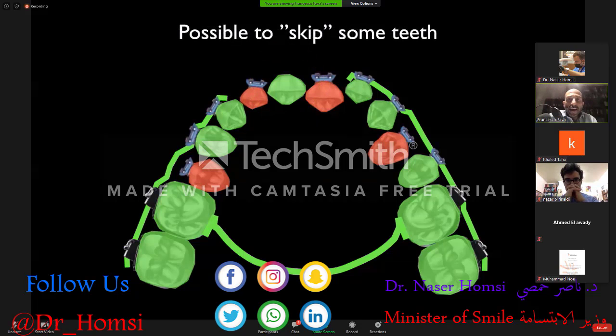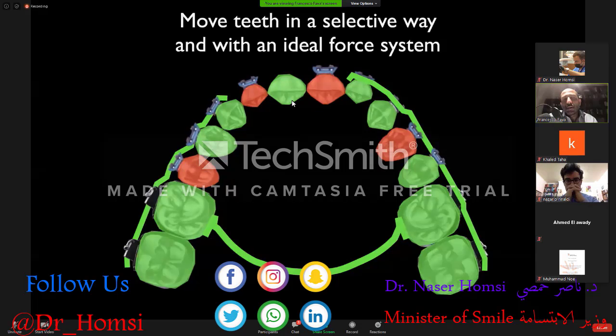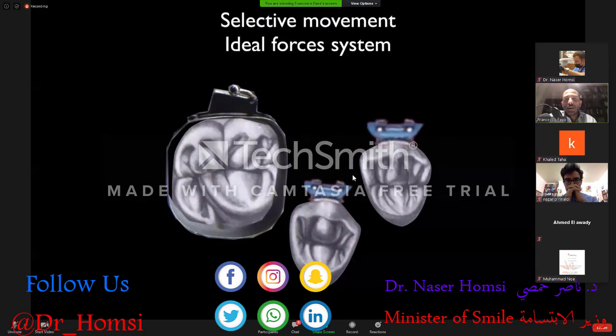And now let's go back to the example we did at the beginning of the treatment, when we considered the palatal displacement of an upper second premolar, which is displaced in a crossbite position in the palate.